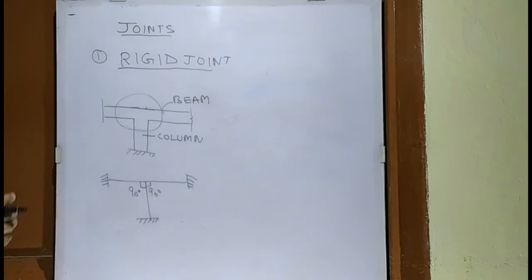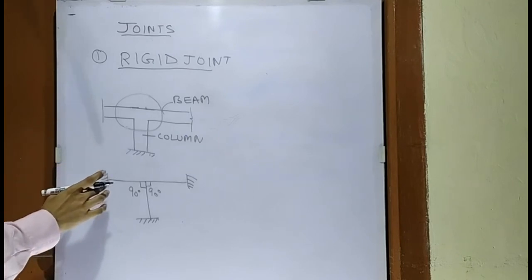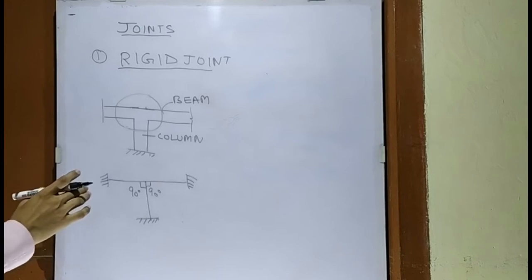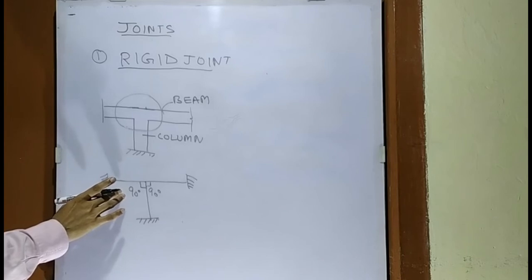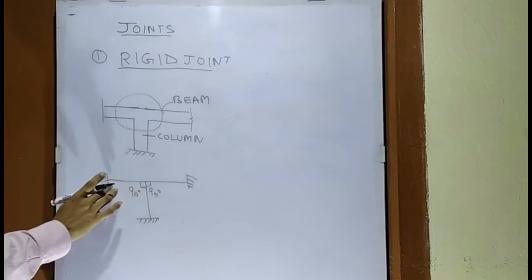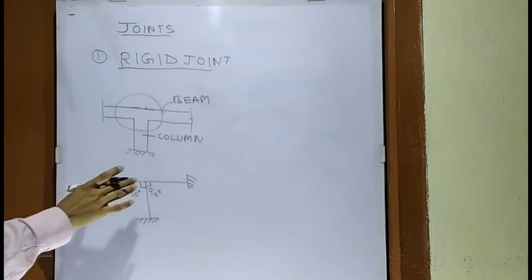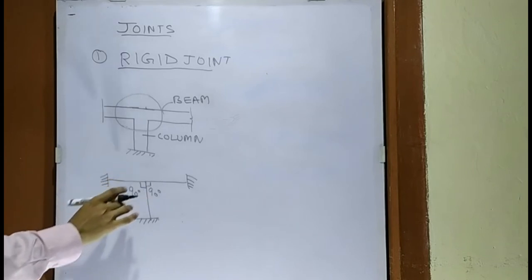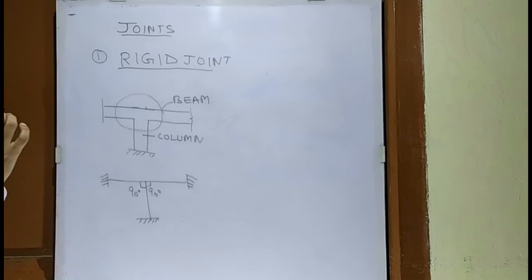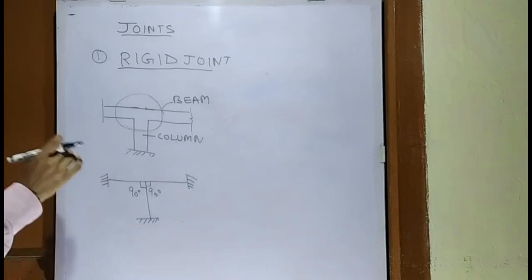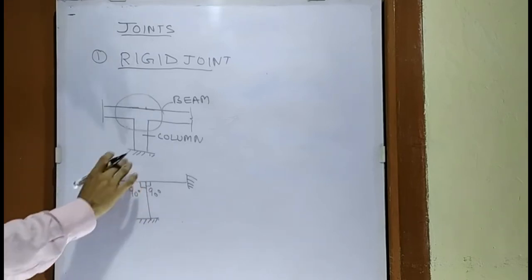In our previous video we have discussed the deflected shape of the members connected at different types of joints. From this understanding we can develop the elastic curve or the deflected shape of this beam. Right now we do not know the loading on this assembly, on this column or on this beam, so we will just draw an approximate shape so that we can understand the main thing about this type of joint.